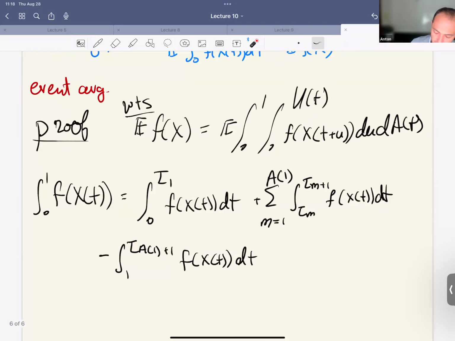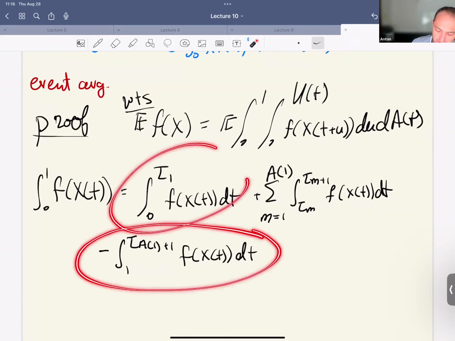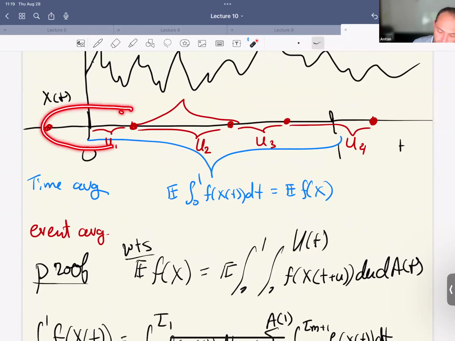Okay. And what is going on, just to highlight things, if you look at the picture here that I drew, there is an arrival which happens before time 0, before our window of observation. There's an arrival that happens after our window of observation. We, of course, only care about what happens during our window of observation.